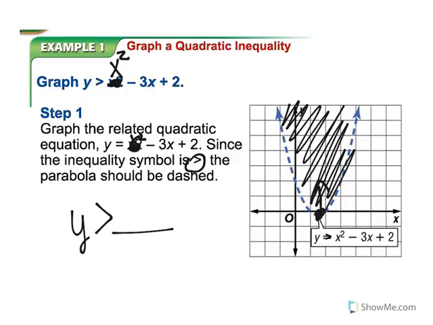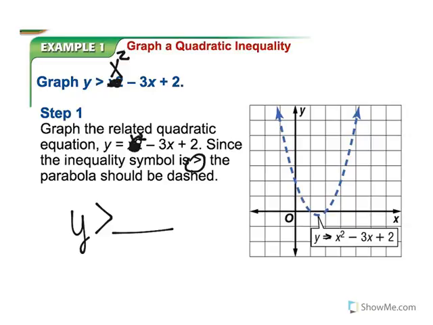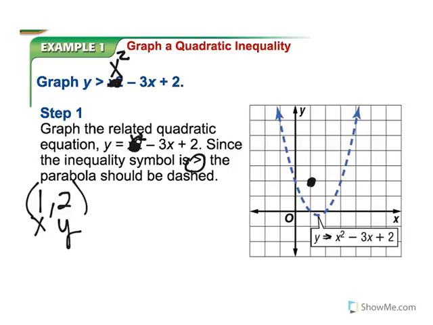Now another way that you can do this is you can actually pick a random point and see if it satisfies the equation. And so let's try it that way. I'm going to pick the point 1, 2, and you want to pick it not on the parabola. And you want to plug it into your function and see if it's actually right. Okay, so if I'm using the point 1, 2, that's going to be my x, that's my y.